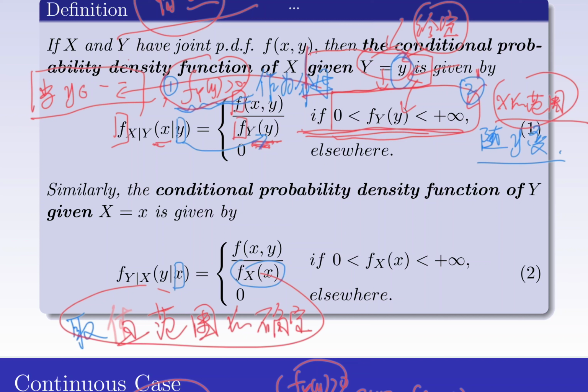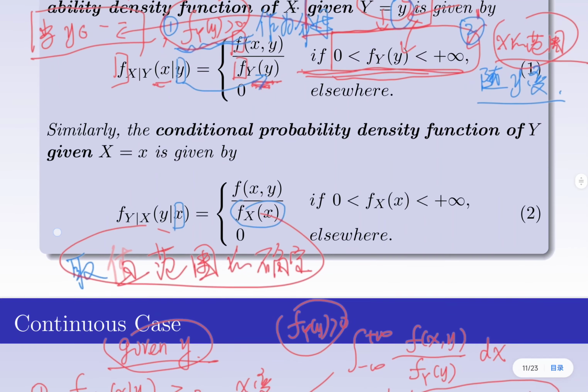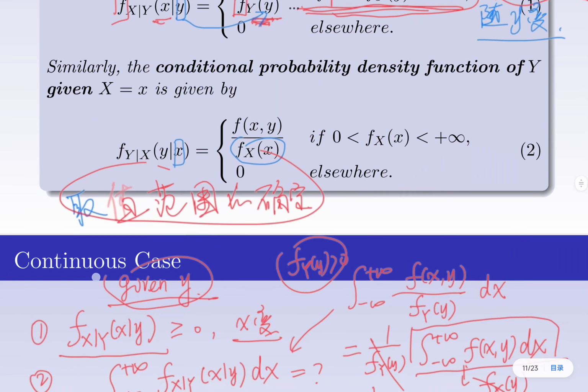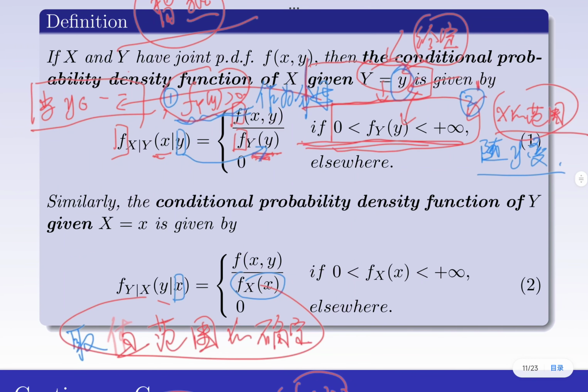Well, these are just similar expressions. That is to say, the one key point is how to define the range of the random variable.